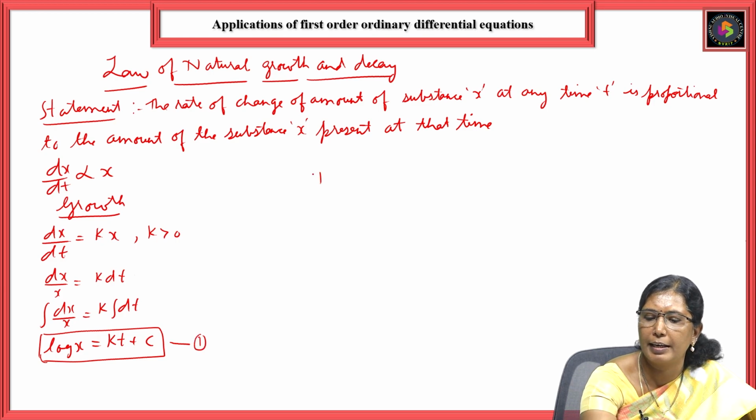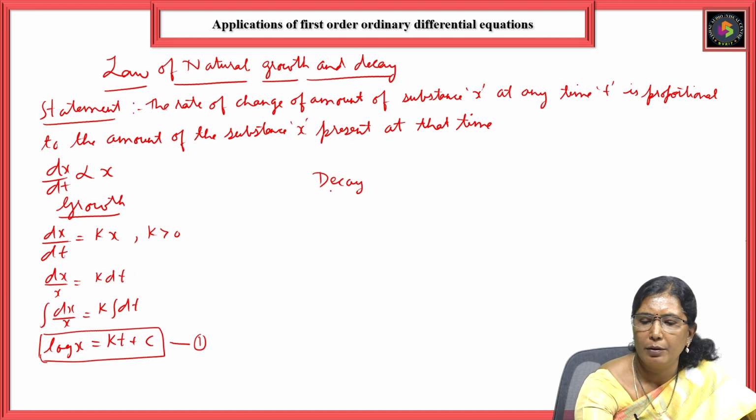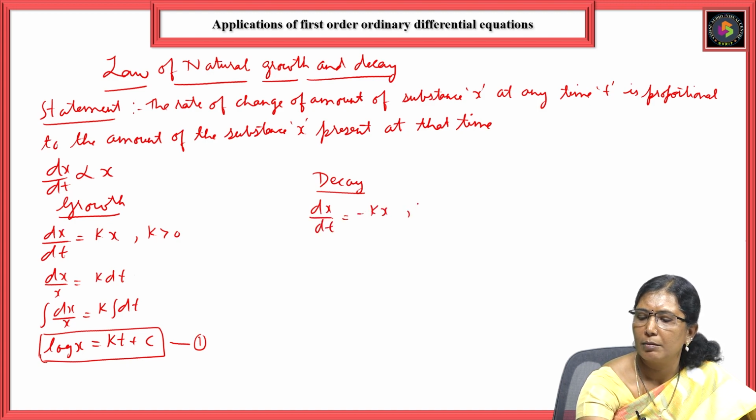Next we will write the decay formula. Since it is a decay, we will take negative. Dx by dt is equal to minus kx, k being greater than 0. Separate the variables, all x with dx and dt separated. So dx by x is equal to minus k dt.